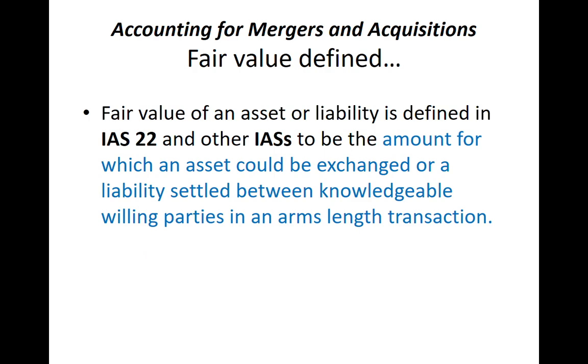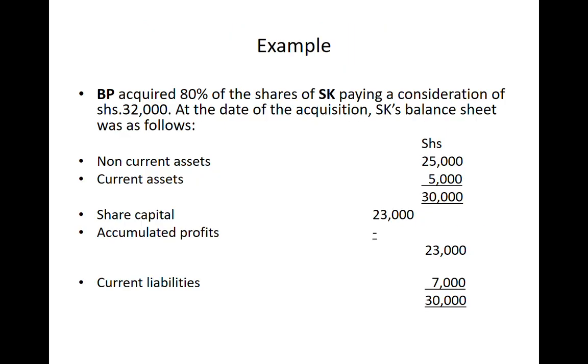So here we are actually following the International Accounting Standards, IAS 22, and the others like IAS 27 and 25. So we're taking an example here where BP is a company that acquired 80% of the shares of SK, paying a consideration of 32,000.